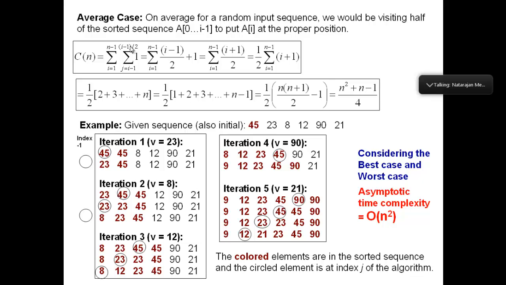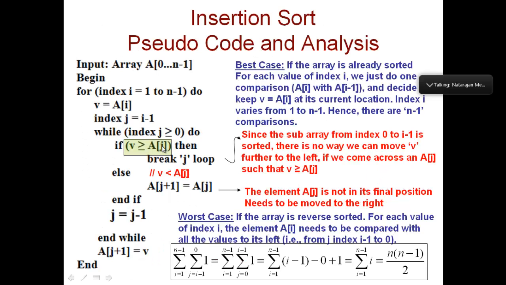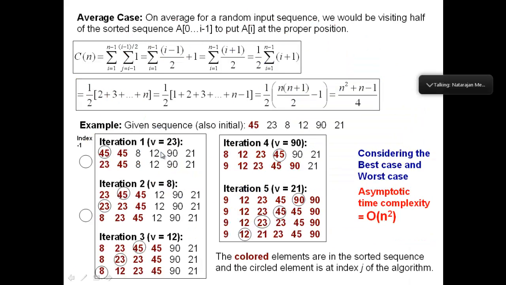And again, for each value of j as we go through, we'll do just one comparison, comparing the value of v with a of j. So the summation can be written like this: sigma i equals 1 to n minus 1, and j equals i minus 1 to (i minus 1) over 2, of 1. Here the lower limit i minus 1 is greater than the upper limit (i minus 1) over 2.